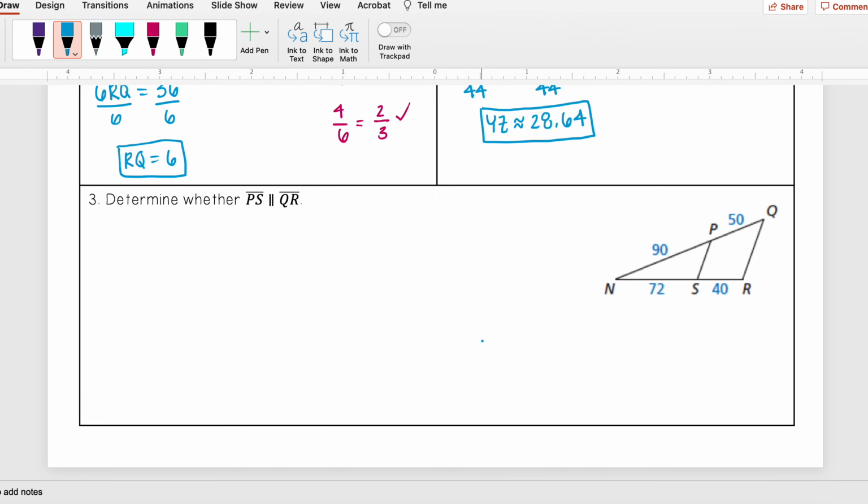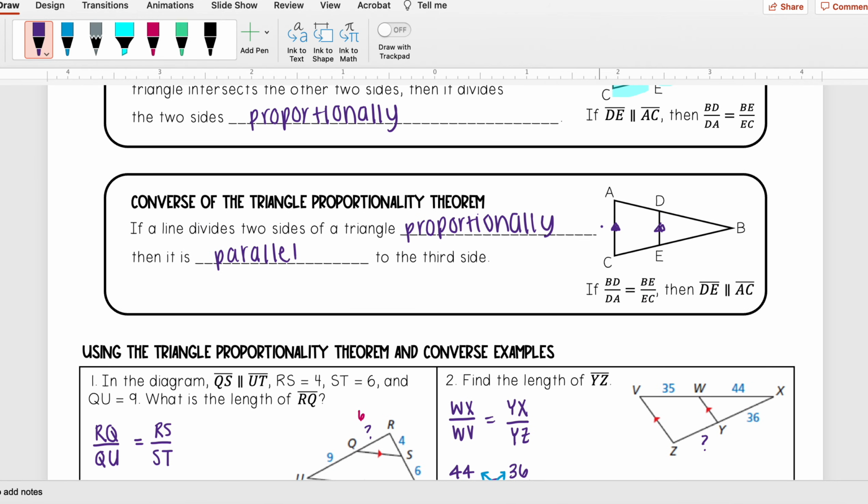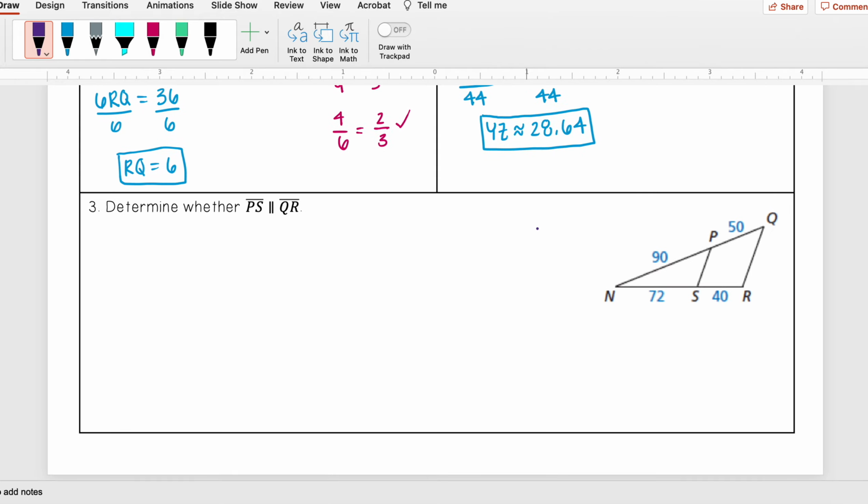Okay, now this last question is a little bit different. It's asking us to determine whether segment PS is parallel to QR. And so here I already have all the side lengths, and so I now need to use the converse, which told us that if these side lengths are proportional, then my two segments are parallel. So I'm going to set up my proportion and see if they end up being equal to each other.